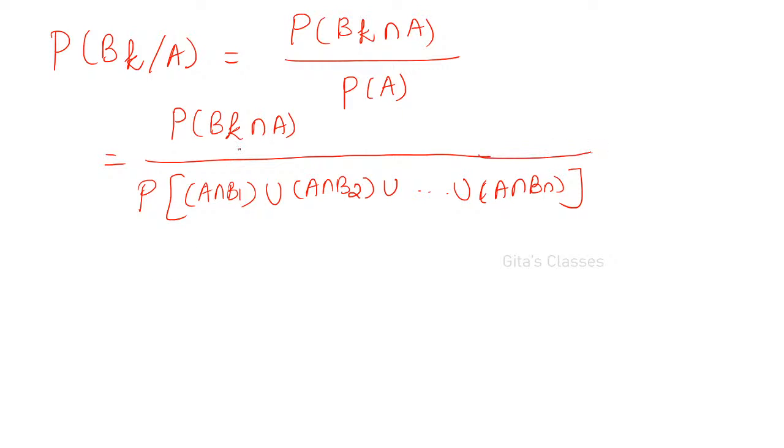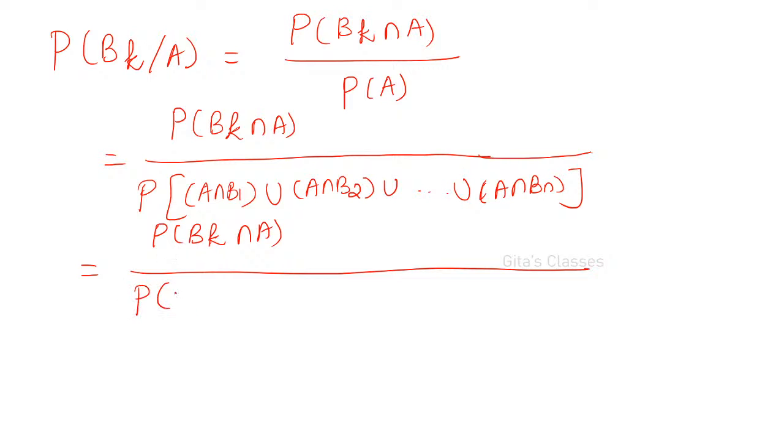Now this can be written as P of Bk intersection A in the numerator as it is, divided by, because these are all mutually exclusive, I can use axiom 3 and write that as P of A intersection B1 plus P of A intersection B2 plus etc. plus P of A intersection Bn.